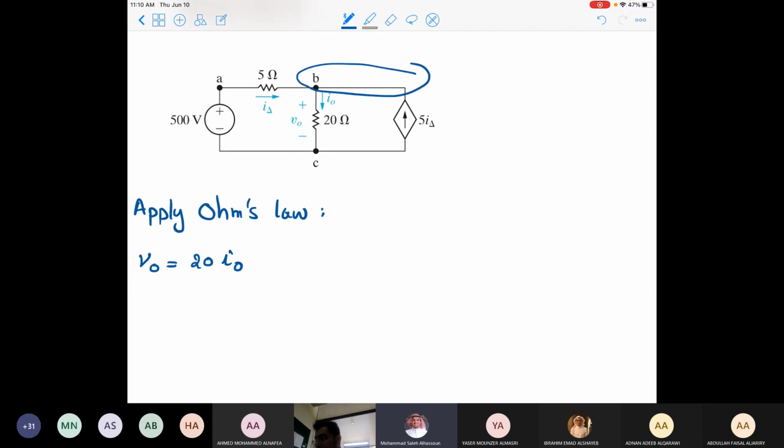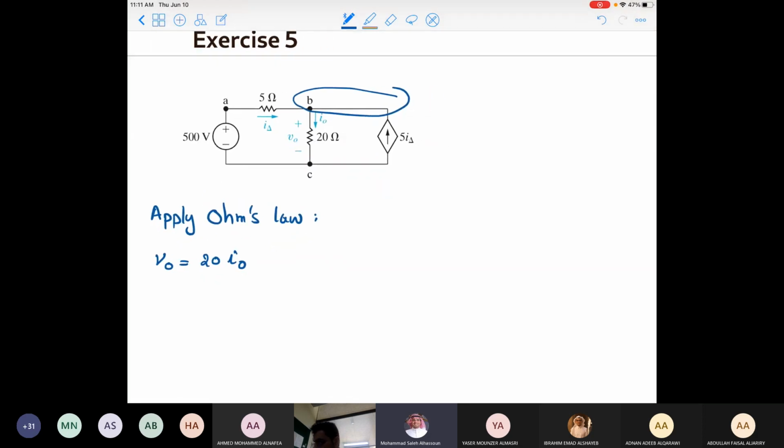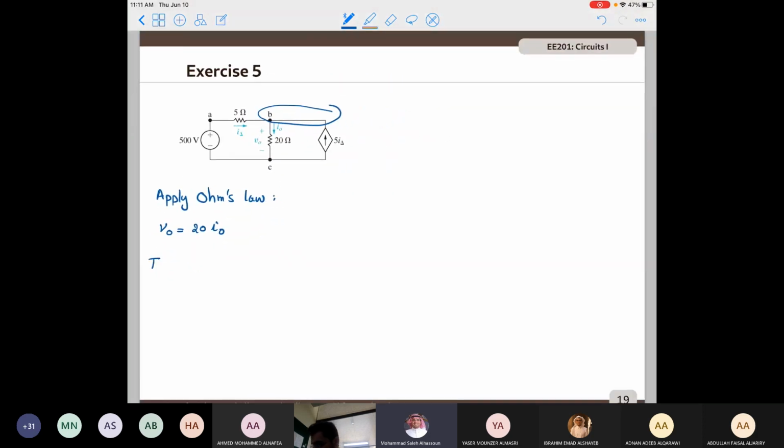In this node, I delta is entering that node, I naught is leaving that node, and 5 I delta is entering that node. I want to solve this one just to show you the steps. So let's try to do that.